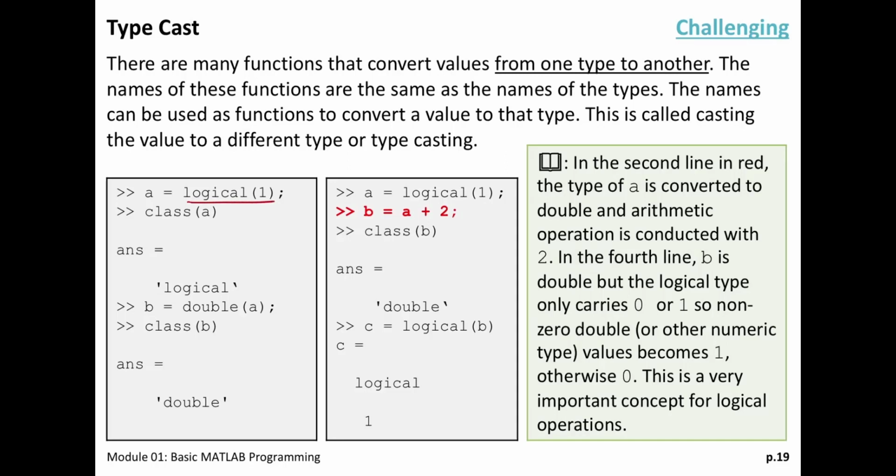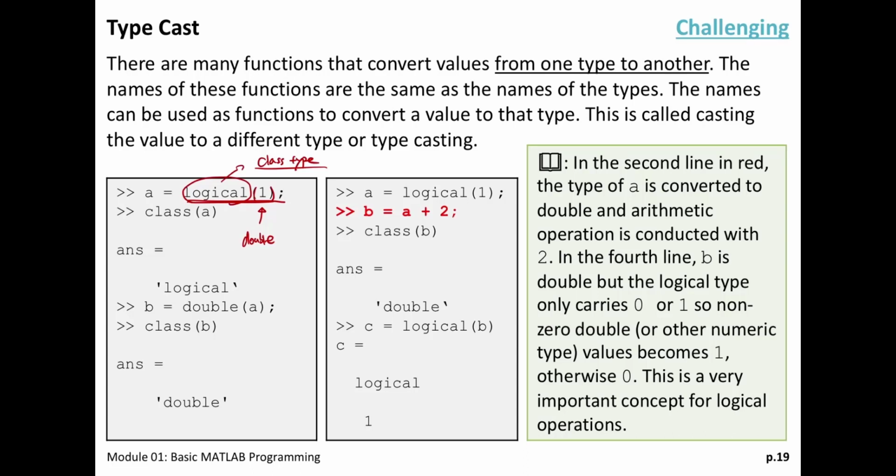The logical is the class type, right? And then parenthesis, this is how you use the function, and then put a value. What is the 1 here? Double. As I mentioned before, all the numeric value, the default type is the double, right? So this script is basically typecasting.